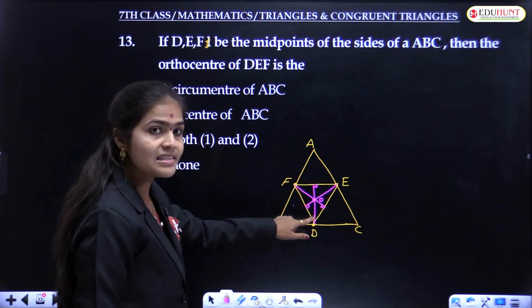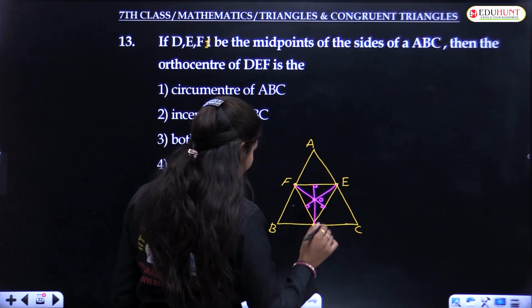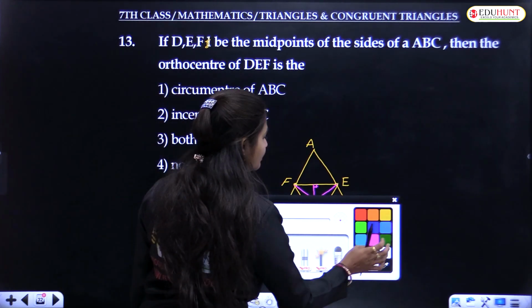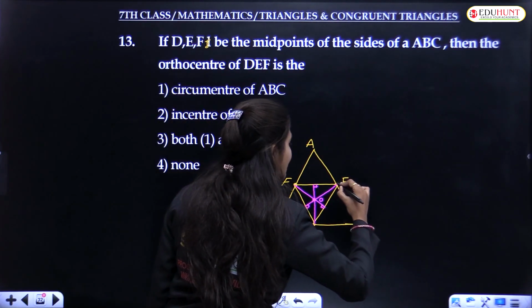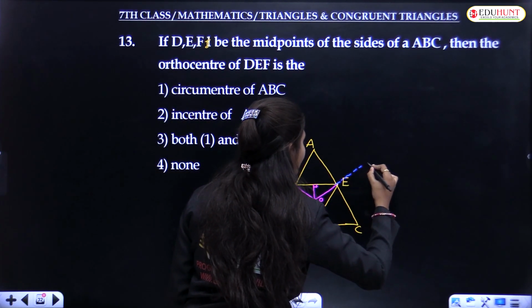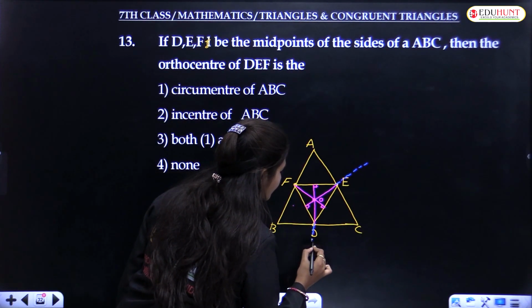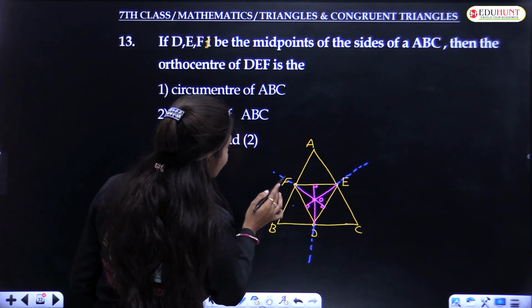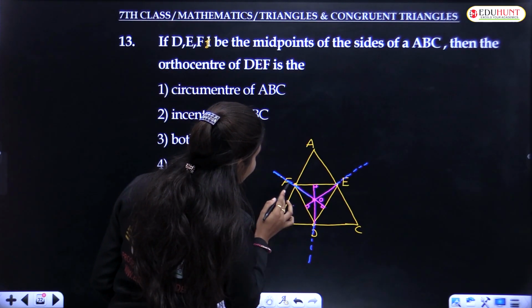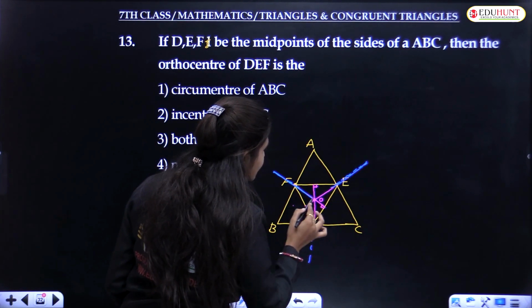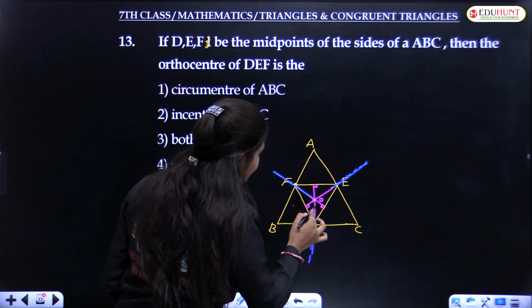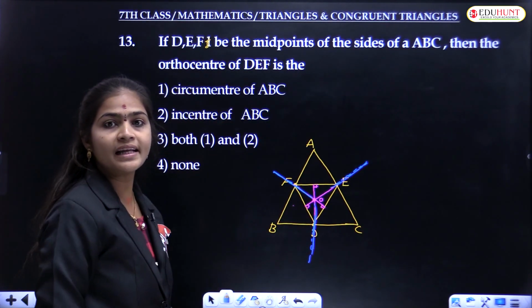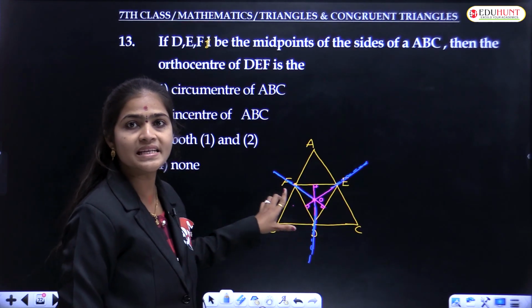So here these altitudes, when you extend these lines like this, okay, here we can observe that these are the perpendicular bisectors. Yes or no? These three we can observe here, perpendicular bisectors of the triangle ABC.